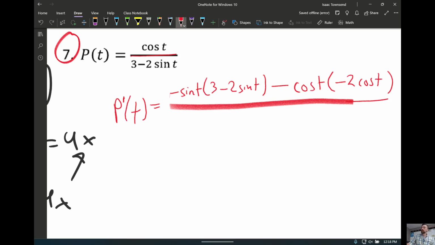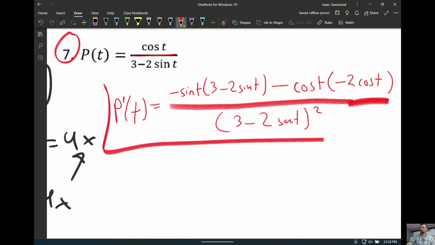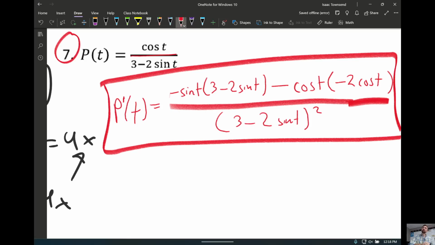Okay. And then the part that sometimes students forget, because there's a lot going on here, but it's all over the regular denominator squared. All of that is the derivative of that equation.